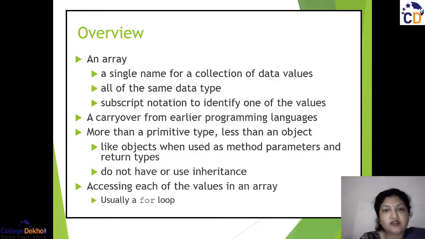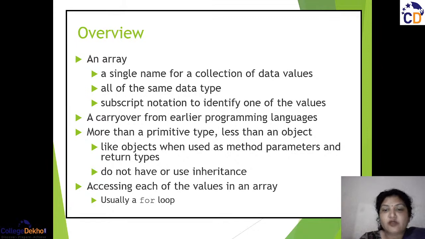Like objects, when used as method parameters and return types, arrays do not have or use inheritance. You cannot inherit the array, right? You cannot use it like that. We will be implementing all this concept in a program.